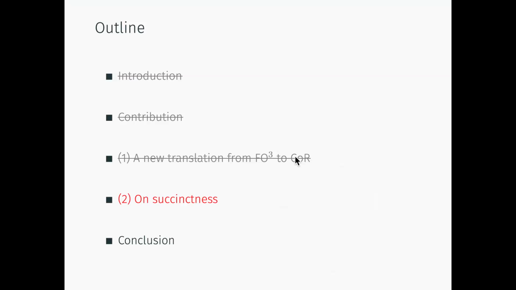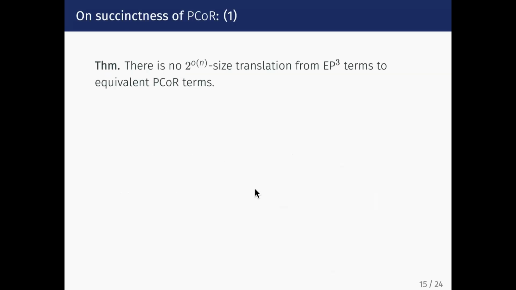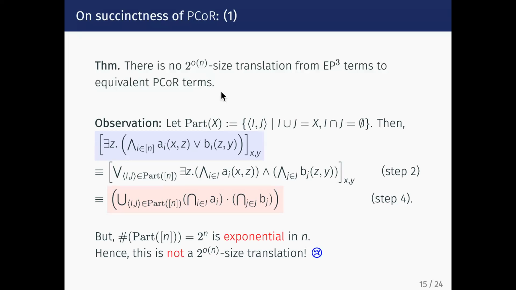Second, we now consider the succinctness of PCOR. The goal is to show this theorem: there is no polynomial size translation from EP3 terms to equivalent PCOR terms. For example, let's consider this EP3 term.